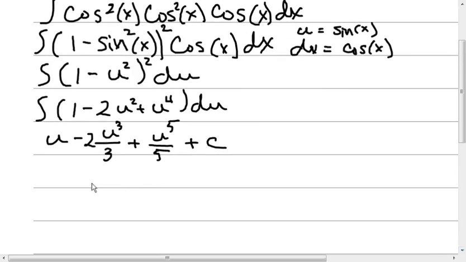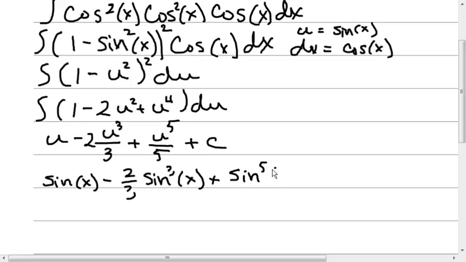U is equal to sine x, so we get sine of x minus 2/3 sine cubed x plus sine to the fifth x divided by 5 plus c. And that should be our answer.